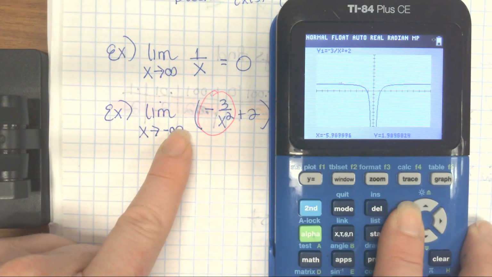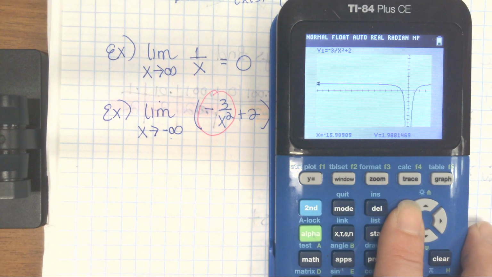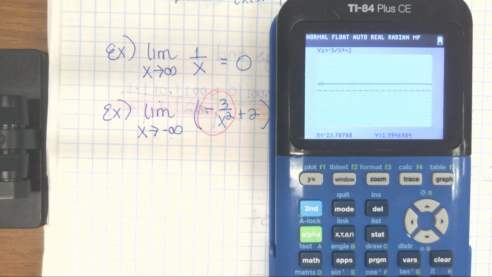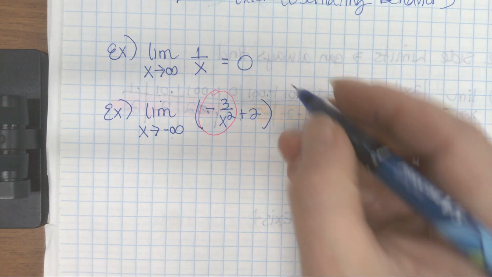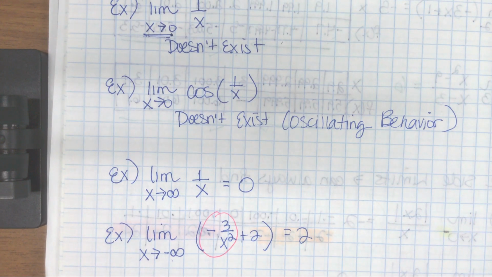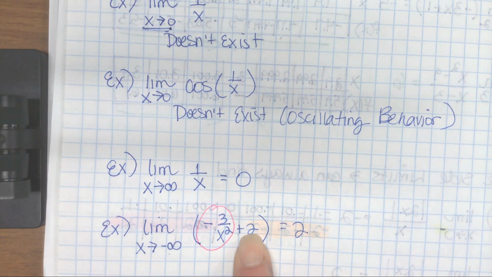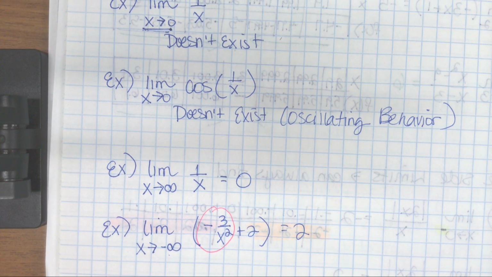I'm making it really large, and this is going to get closer and closer to 2. All right, so for limits involving infinity today, can you do a table? Yeah, but because they're going to involve numbers like 0 or fixed numbers, I would just look at the graphs today for that part.